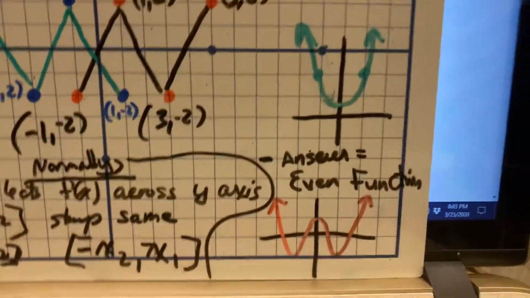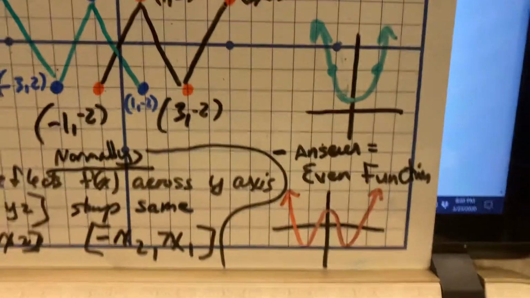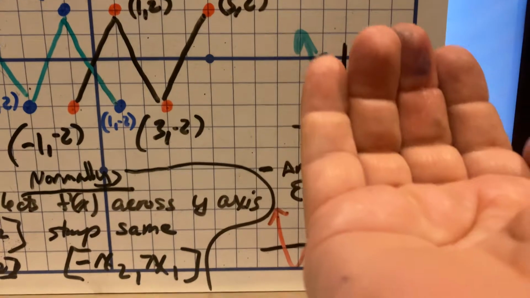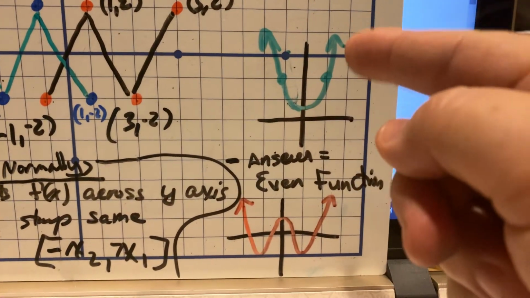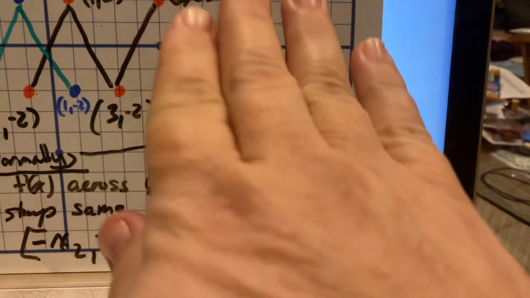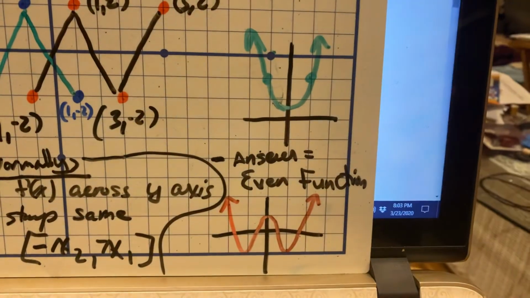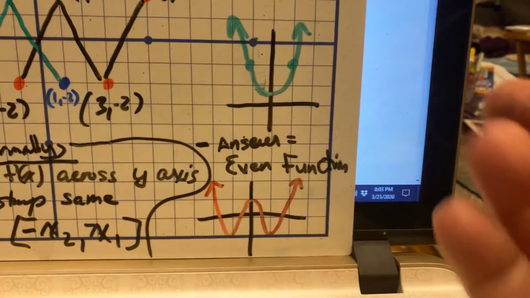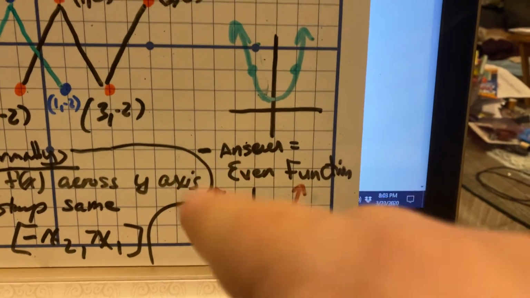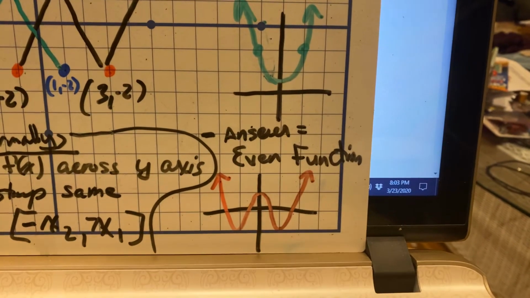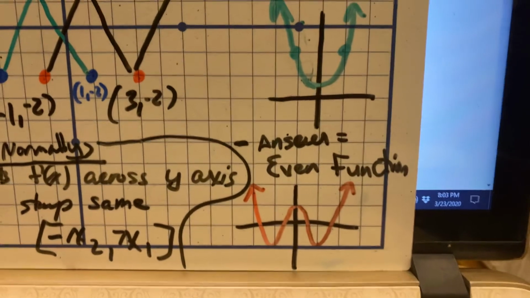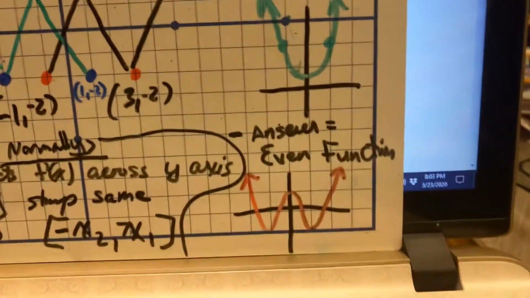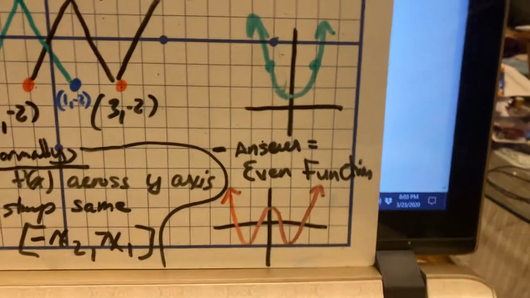I drew you two examples of how that could happen. If I were given a parabola and I flip it over the y-axis, since it's symmetric about the y-axis, it's still going to look exactly the same as the parent function. That transformation makes no change. If I have this graph, which is a degree 4 graph, and I flip it, it's also an even function and is symmetric about the y-axis, so when I flip it, I would not know the difference.